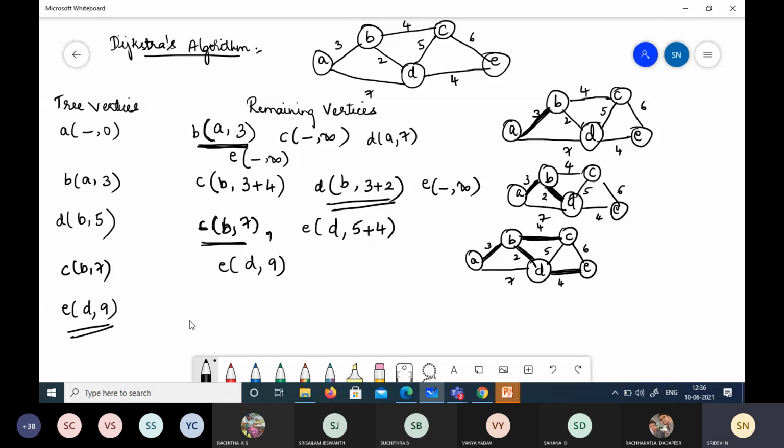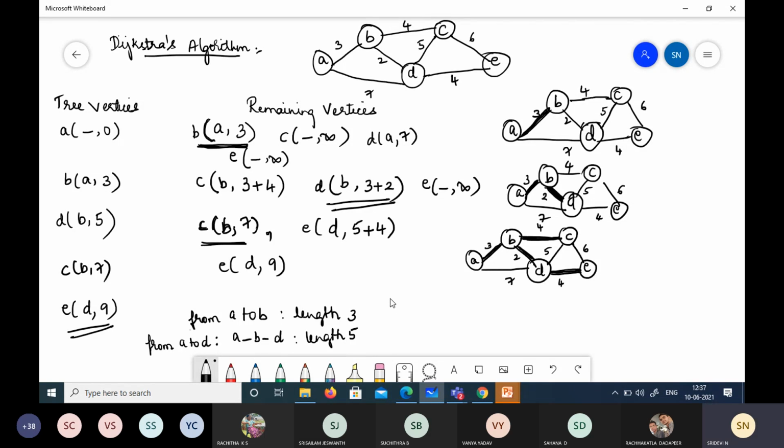Then you have to write this. From A to B, the length is 3. From A to B to D, the length is 5. A to D, the length is 5. This is the path.